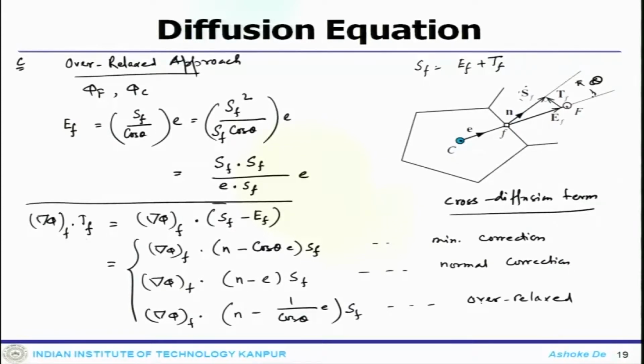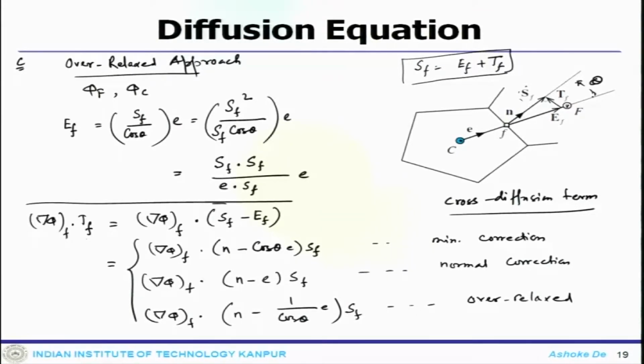So, theoretically what we are doing, we know the surface vector will have two components. Now, the component which is going along the line connecting the cell centers, that is along E or the normal, is easy to obtain, and that involves the information of phi c and phi f.